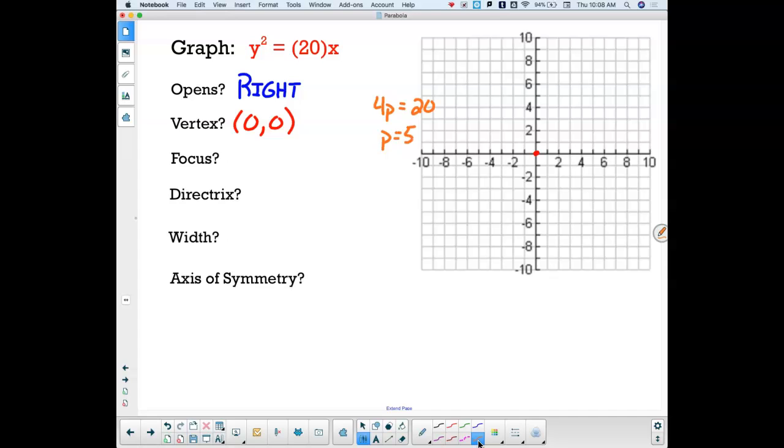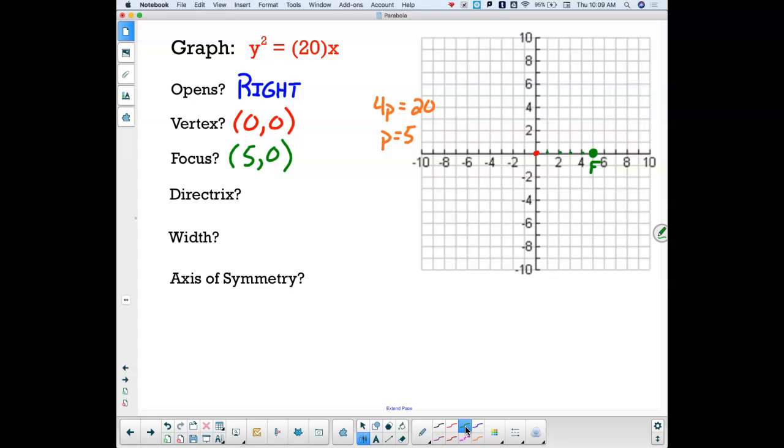That means the distance from the vertex, which we have, to the directrix is 5, and the distance from the vertex to the focus is 5. Since this parabola opens to the right, my focus is going to be to the right. So I go right 5: 1, 2, 3, 4, and 5. That is my focus, at the point (5, 0).